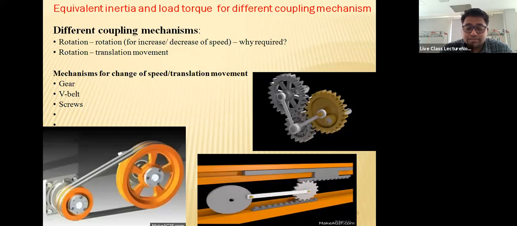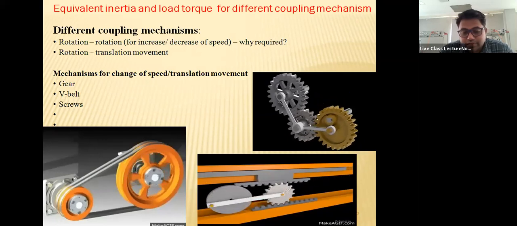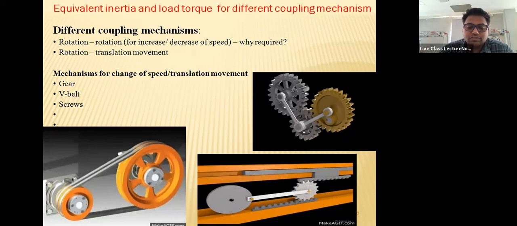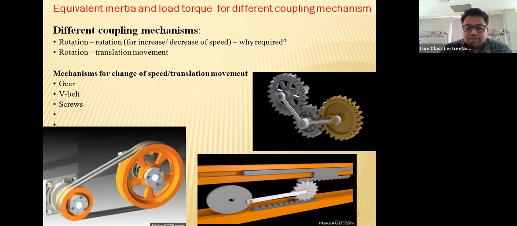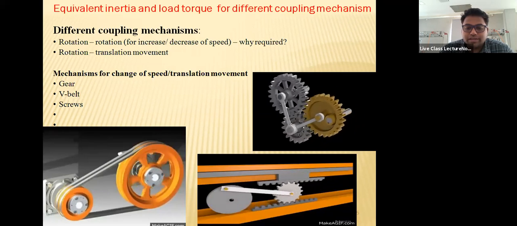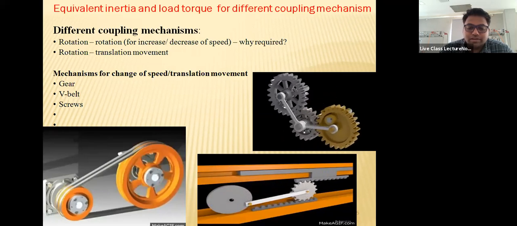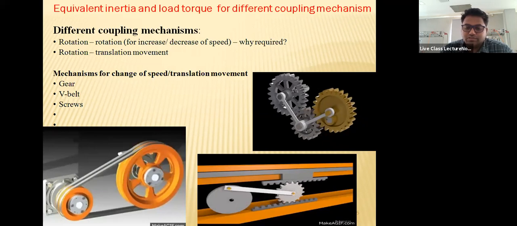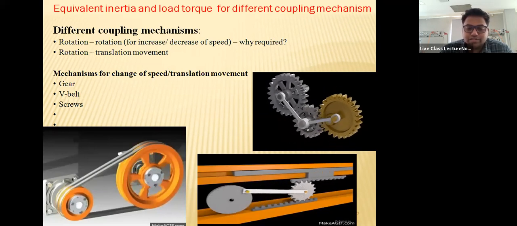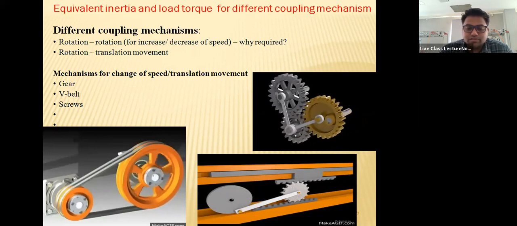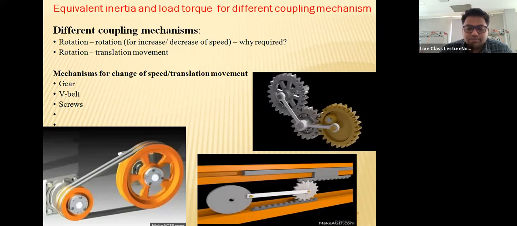But there are some applications where a rotational to translational motion is required. As in the case of this, see, the motor is rotating on its own, right? But the motion is happening from left to right, right to left. So that's called a translational motion, where the motion is linear, but the rotation of the prime mover is clockwise or anti-clockwise.